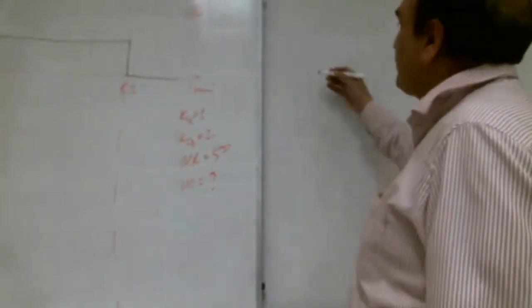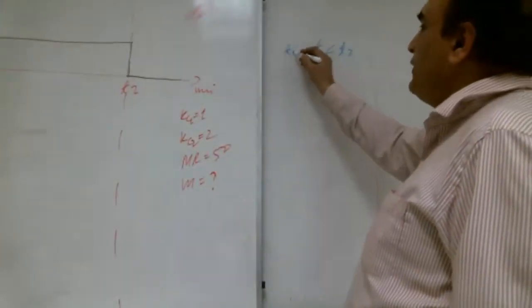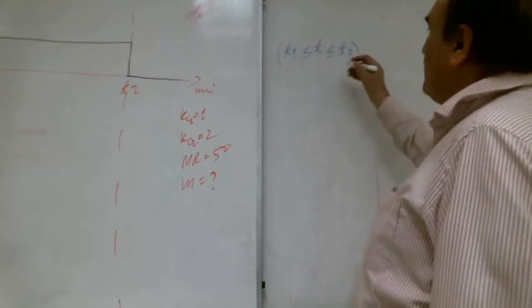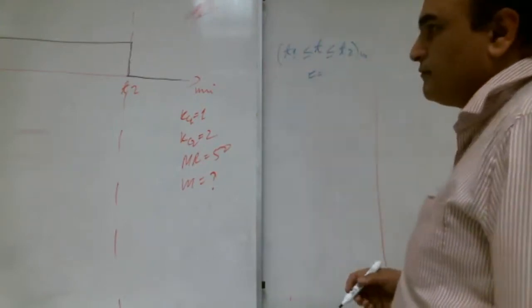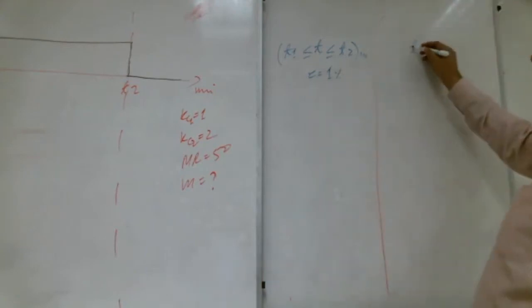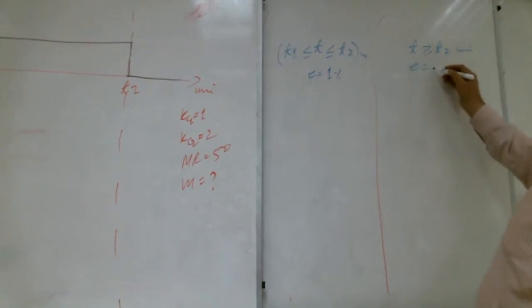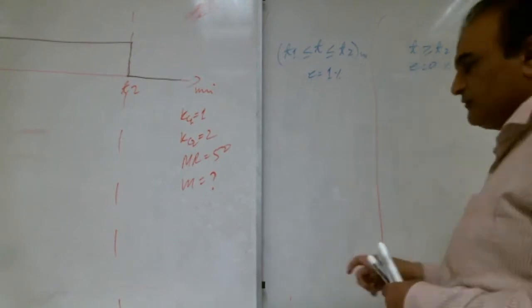Second part, T is less than or equal to T2 and greater than or equal to T1 minutes. How much error? +1%. Third part, T is greater than or equal to T2 minutes. How much error? 0%. Right, Shabab?